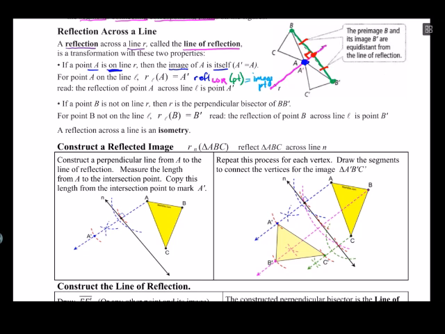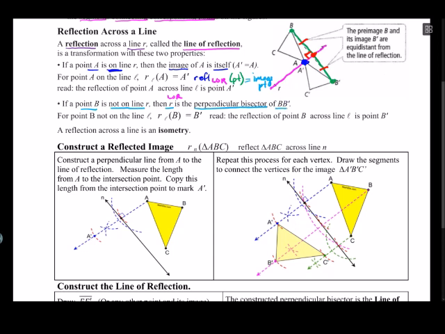So now any point, like B, that is not on line R, then line R, our line of reflection here, is the perpendicular bisector of our segment B, B prime.